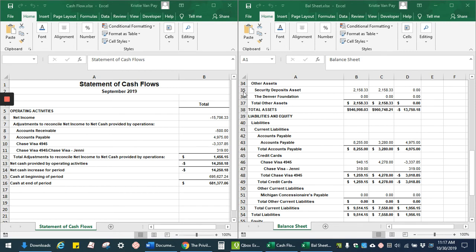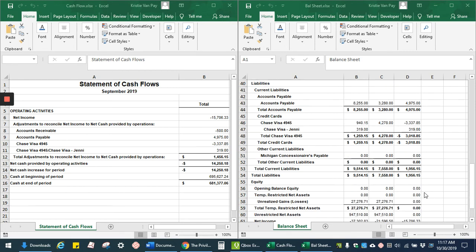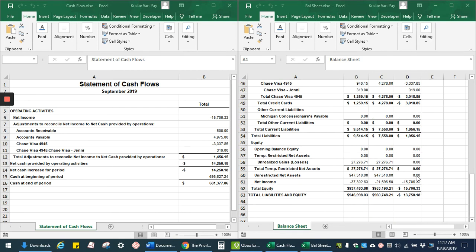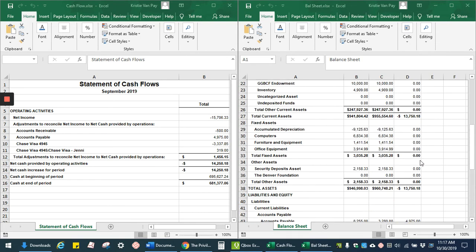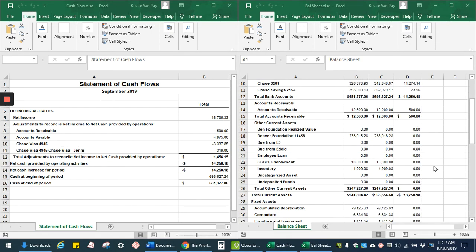So we're going to add that back to our cash over here as a positive number. And there really wasn't any other change here. And then we get back to our net income number. So as you can see, all of the numbers that are in this change column tie to a number over here on the statement of cash flows. So it's giving us the same information, but just presented in a different way.